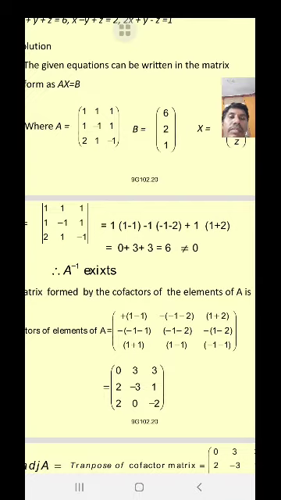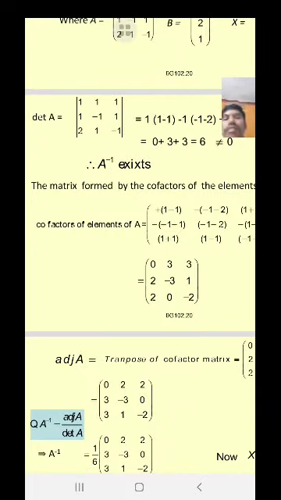We simply say minor and cofactor. Here, plus 1 into AD minus BC, 1 minus of minus 2, into minus 1 minus 2, so plus 2. After multiplying this, we get 0 plus 3 plus 3, which equals 6. So it is not equal to 0. That means A inverse exists.